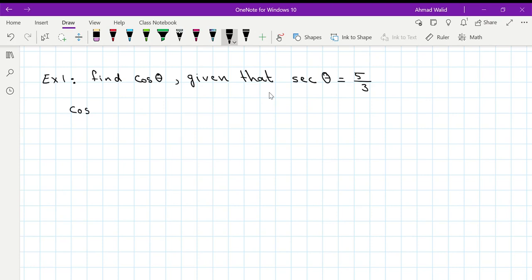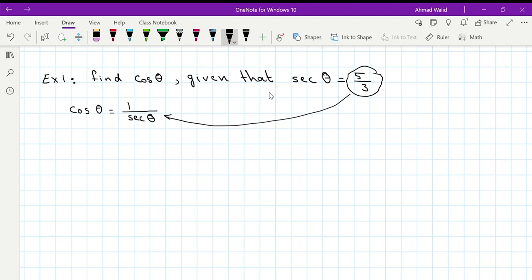We know the relation that cosine theta equals 1 over secant theta, the reciprocal identity. Now, secant is given to us. We replace this value here, correct?